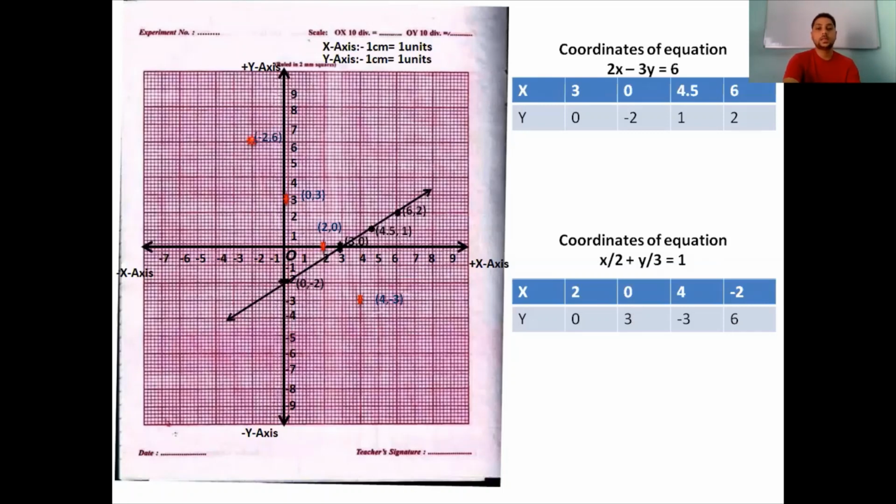Then we have (-2, 6) here. Now join these points. We have the equation of this line x over 2 plus y over 3 is equal to 1 here. So we can see that these two lines are mutually perpendicular to each other.